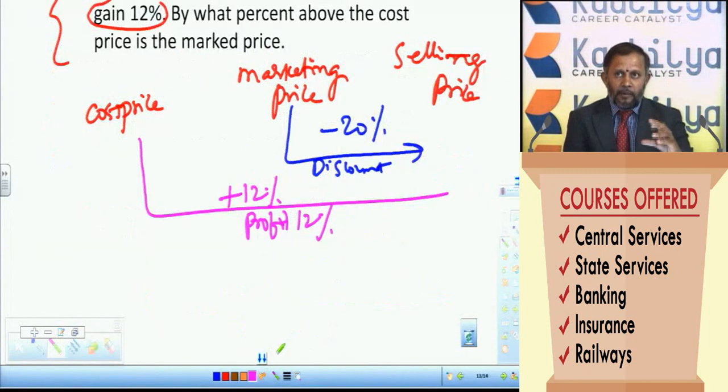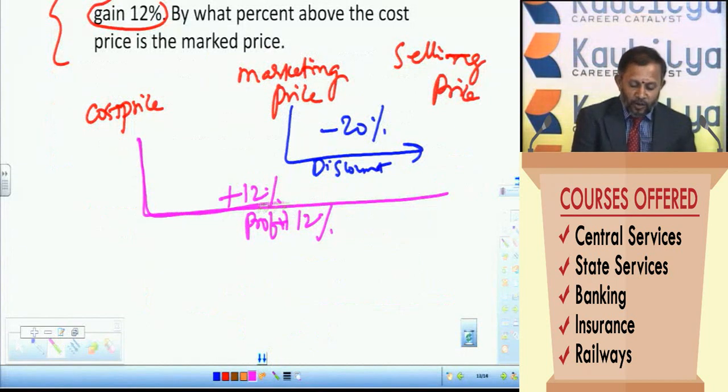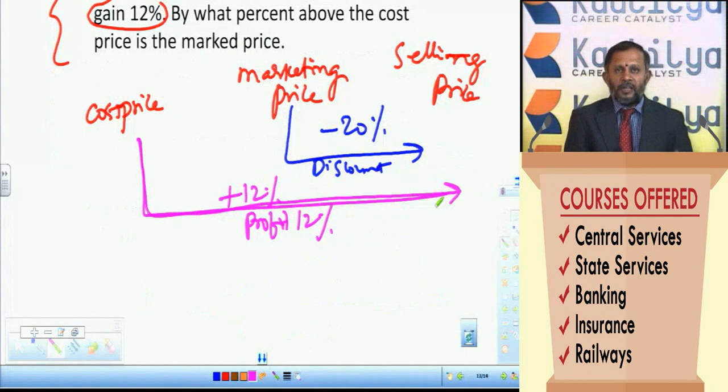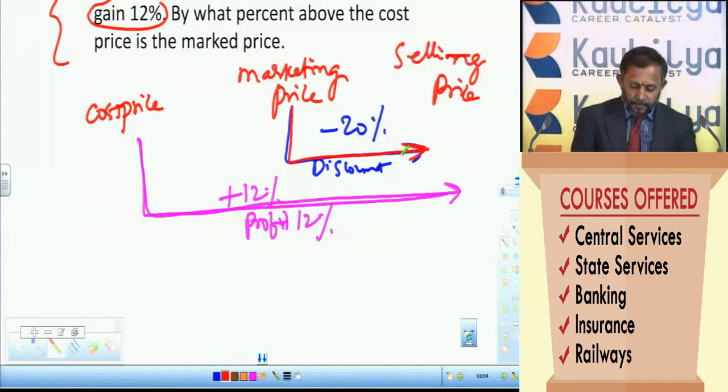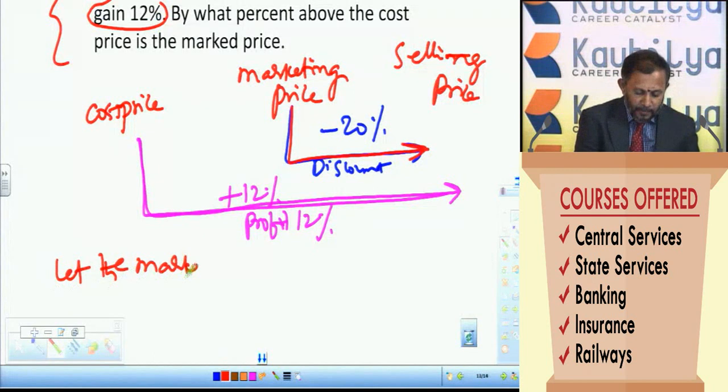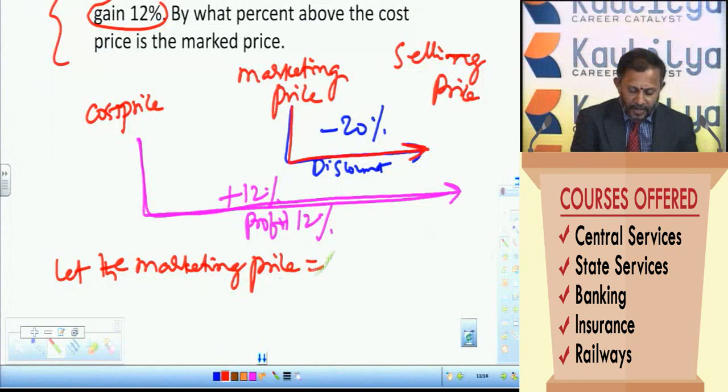That is the point that should be specified. The data that is available should be given in the other form. The cost price is increased by 12% because he had a profit of 12%. But he allowed a discount of 20% on the marketing price. So here what you have to specify is, let the marketing price be 100.